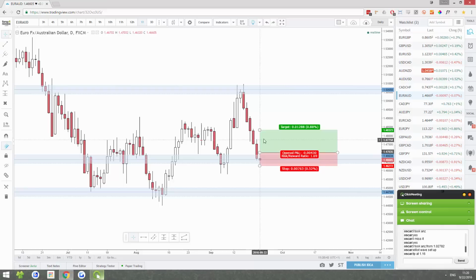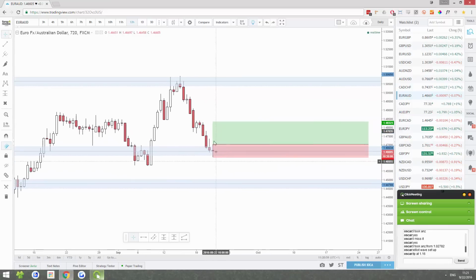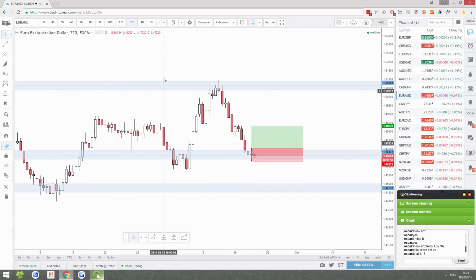But this looks like a pretty strong setup for today, and it's definitely something I'm going to be watching. Realistically, it probably won't trigger until Friday because we need this candle to close first. But if you want to take it on the 12-hour, then it might trigger today. So I'm not 100% sure what I'm going to do.